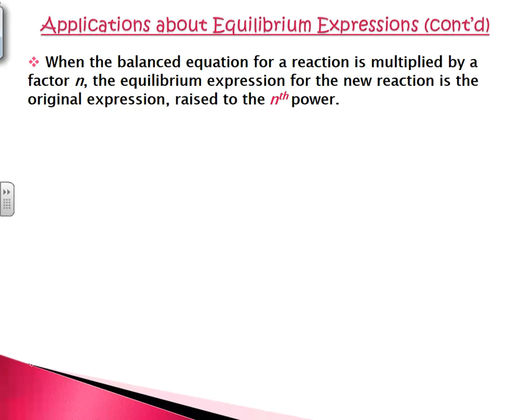Now some other things. If the balanced equation for the reaction happens to be multiplied by some factor n, then the equilibrium expression for the new reaction would be the original expression raised to the nth power.